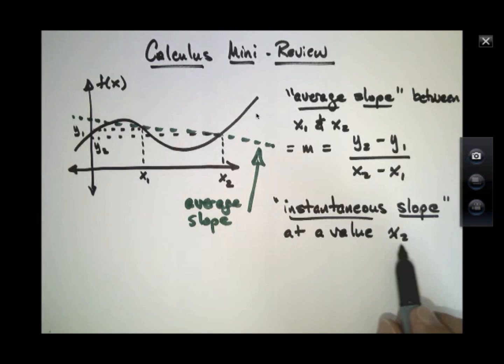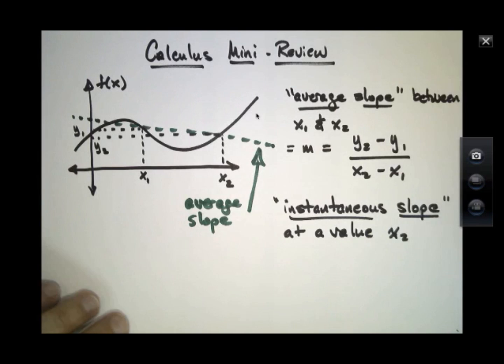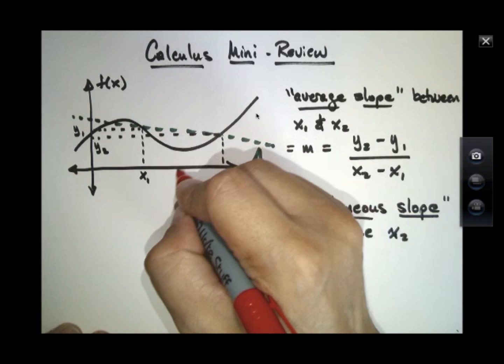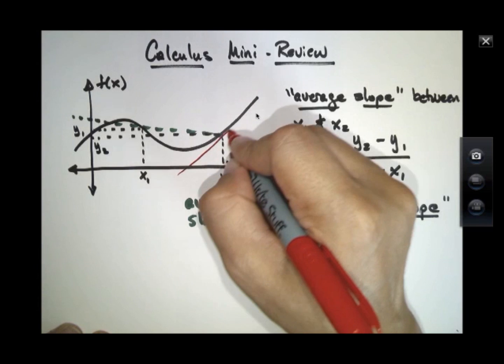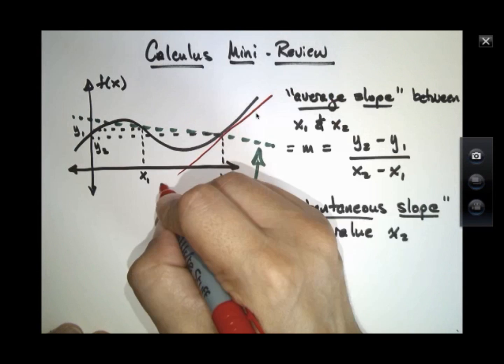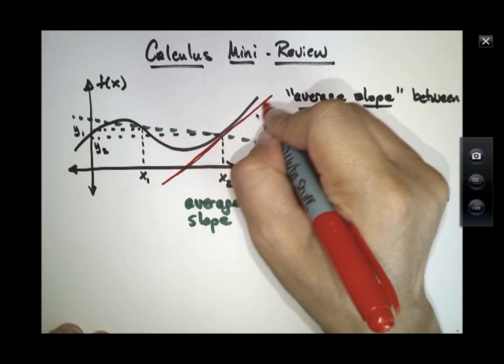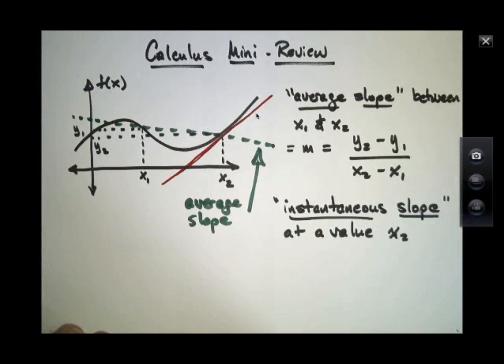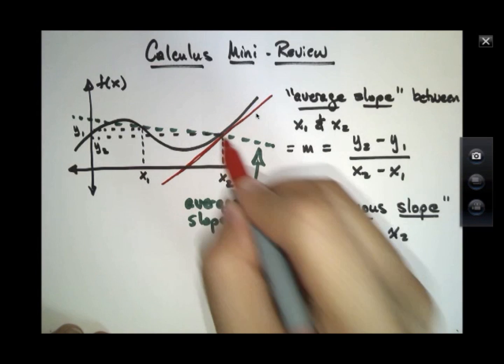So we can pick some location like x2. It's sometimes written or described as the tangent, the slope of a tangent line to that function at that point. So if I drew a tangent line here, a tangent line means a line that only touches the graph f of x at exactly one point, and it's going to touch it right there.